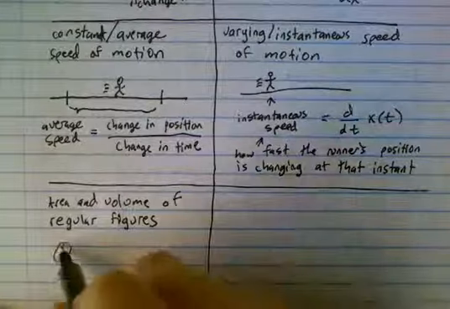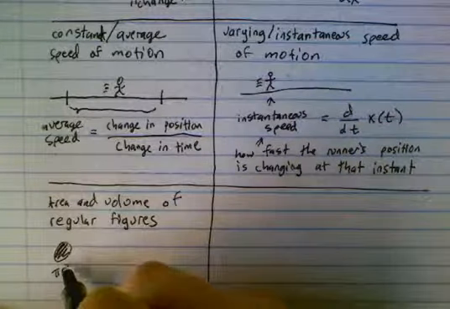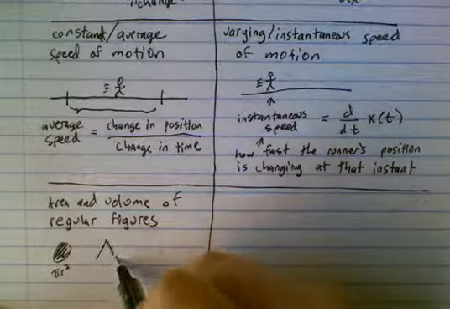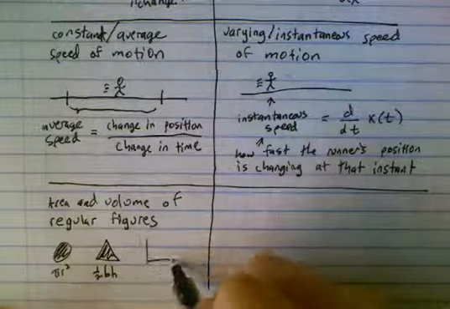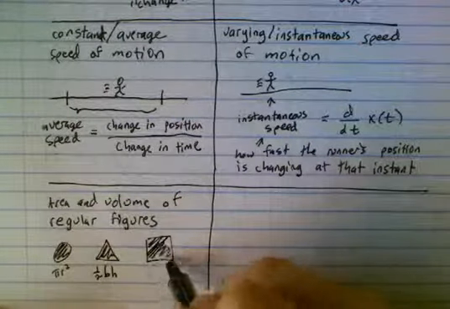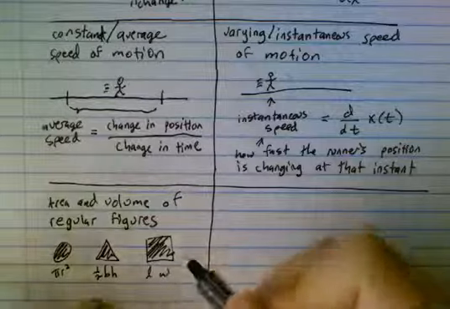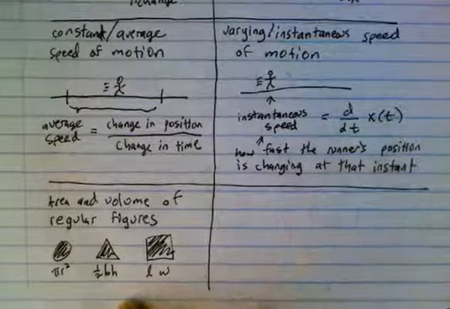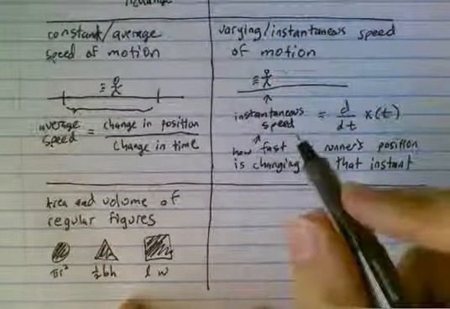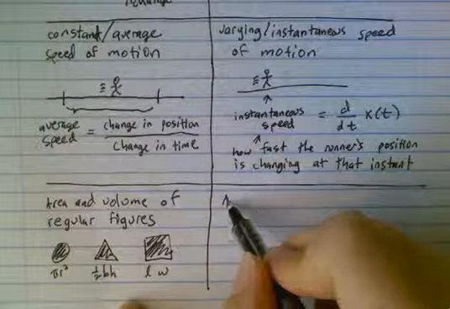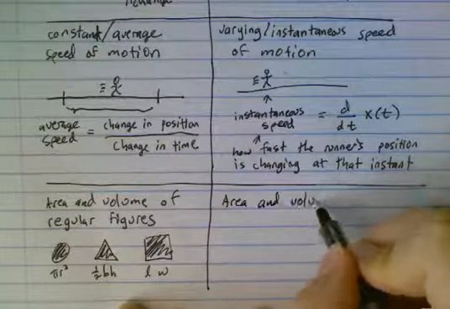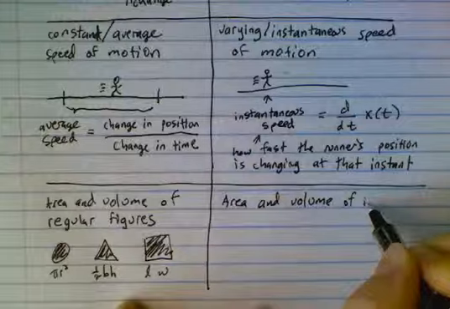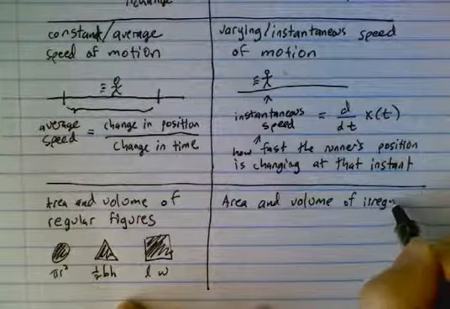So that's like finding the area of a circle, pi r squared, finding the area of a triangle, 1/2 base times height, finding the area of a rectangle or a square, length times width. Those basic formulas that we've worked with. Calculus, however, lets us find the area and volume of irregular figures.